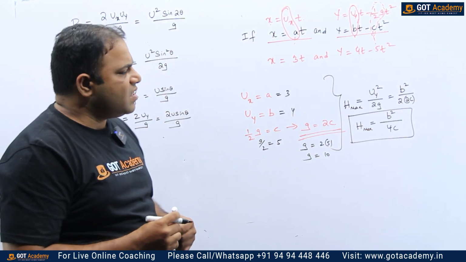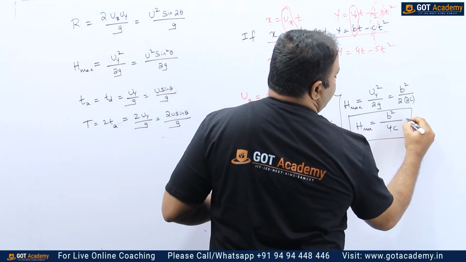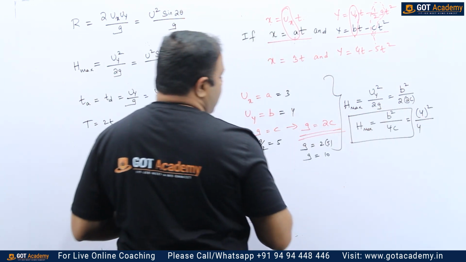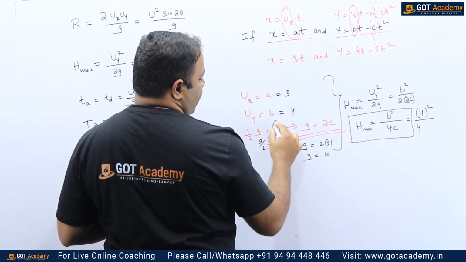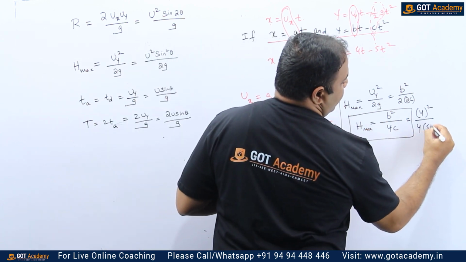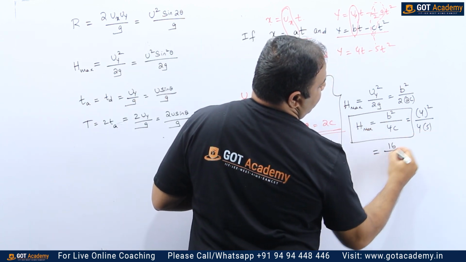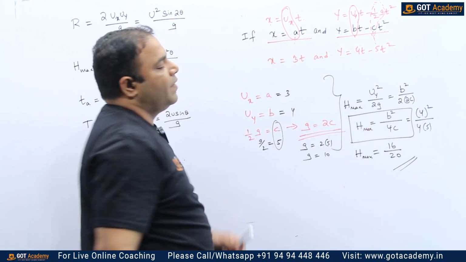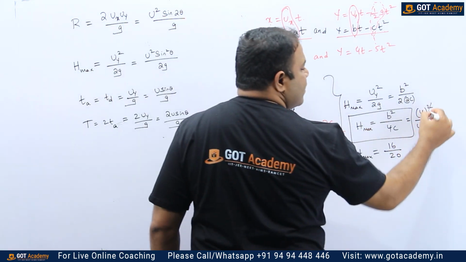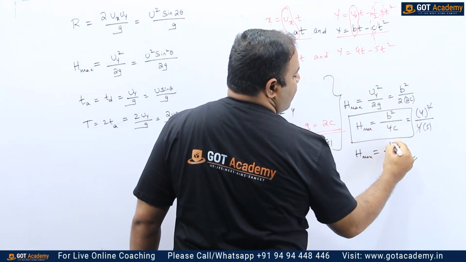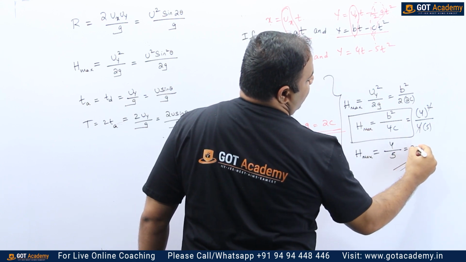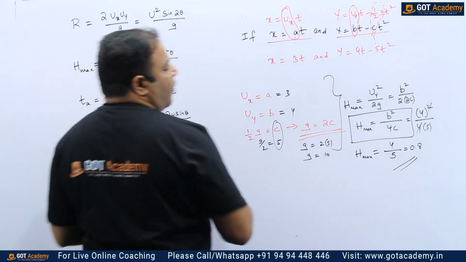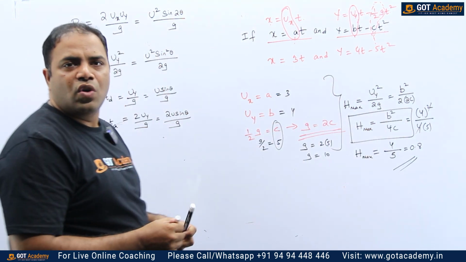Let us make use of all those things. b squared, b is 4, so 4 squared by 4 into 5. The answer is 16 by 20. So this is the value of h max. Or you can cancel and say directly 4 by 5, which is equal to 0.8. So the formula for h max is b squared by 2c.